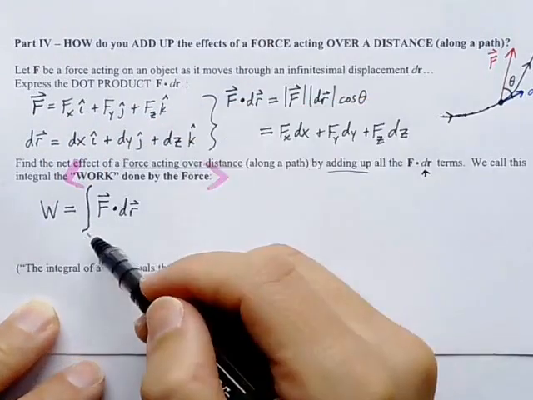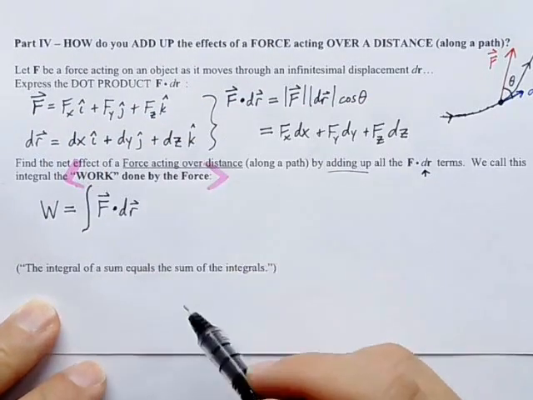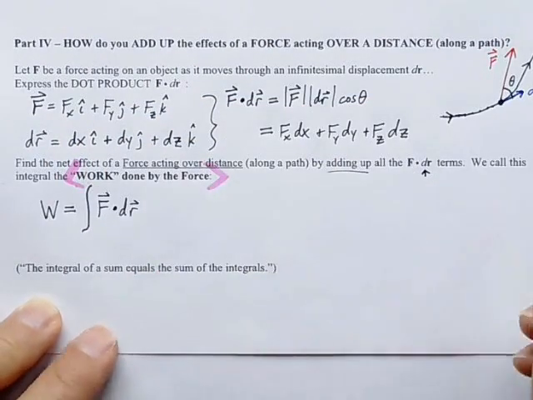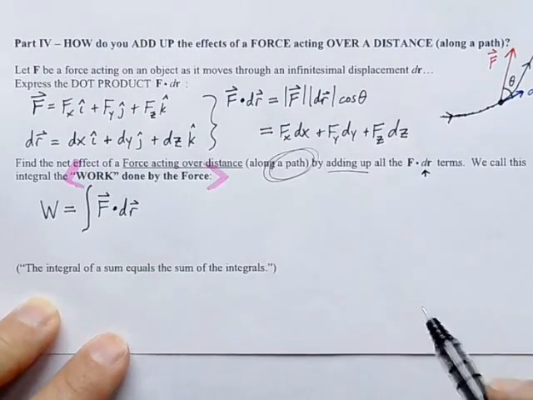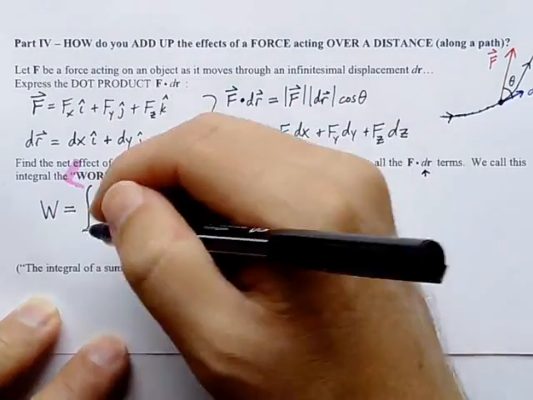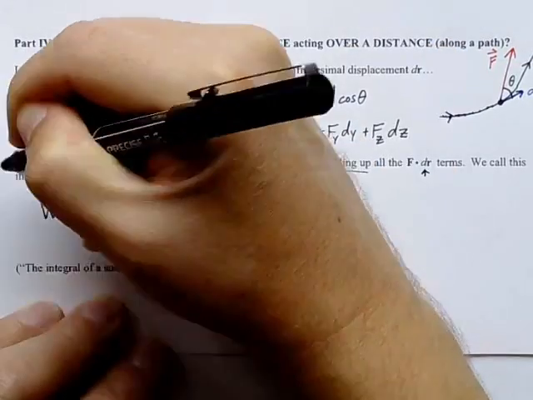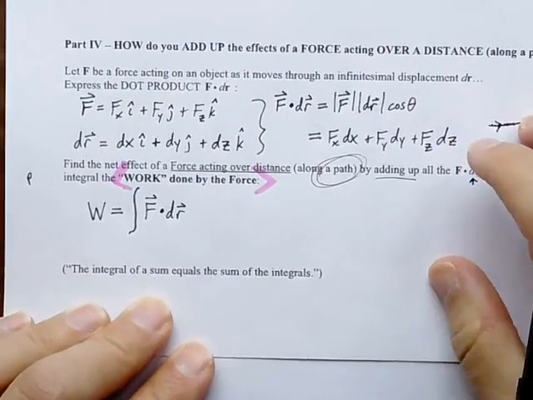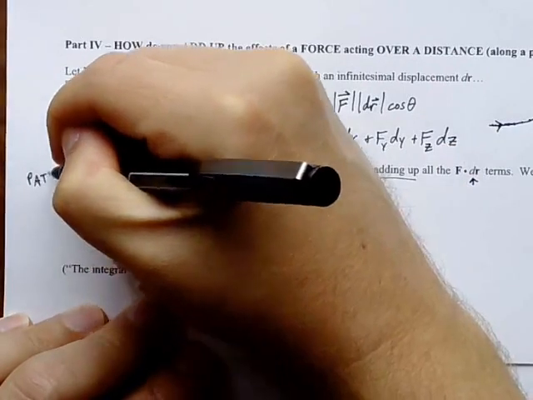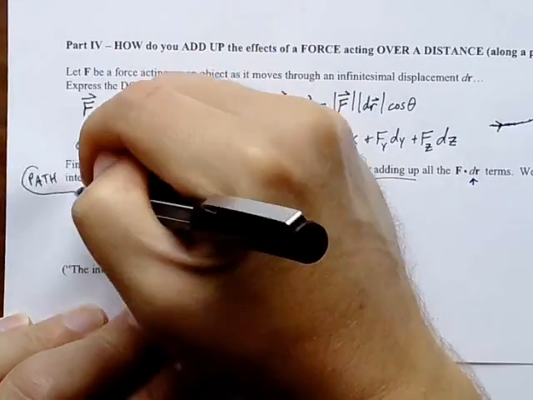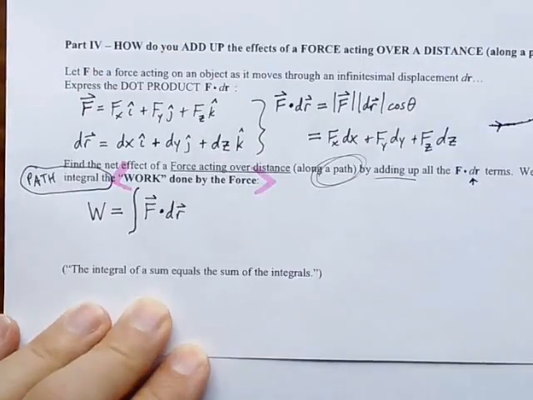Now for the limits, the upper and lower limits on this integral, since this is what we call a path integral, moving along the path.